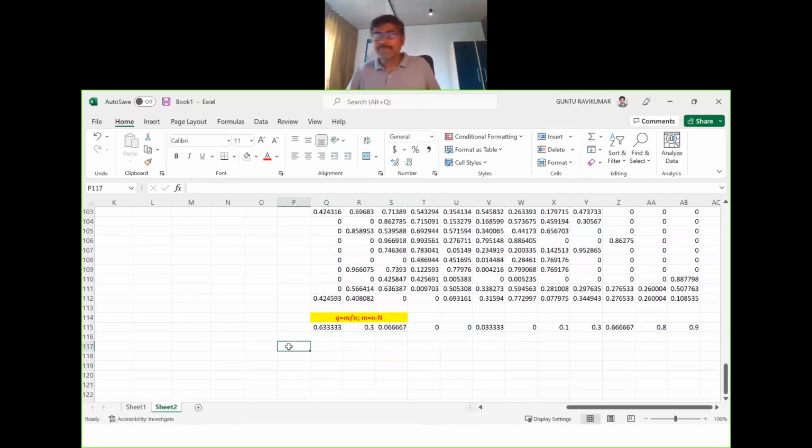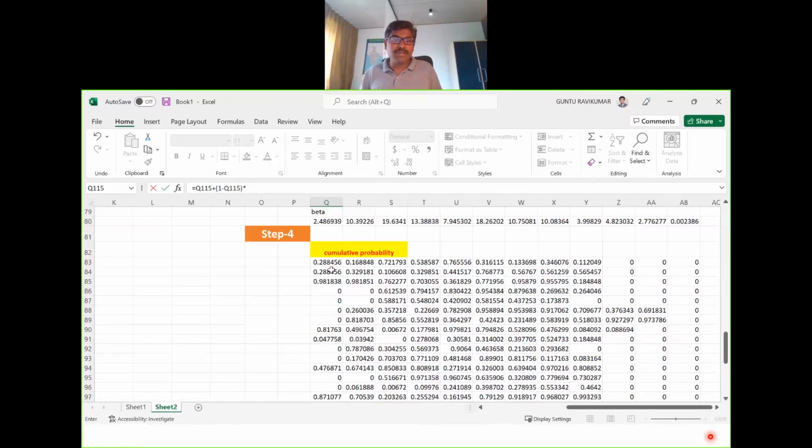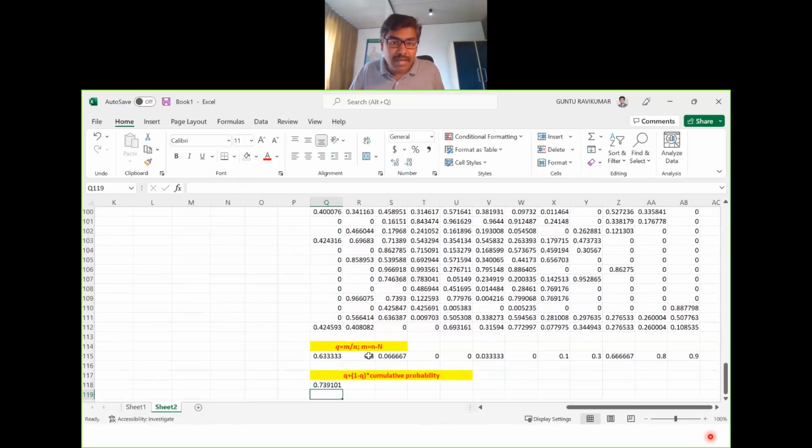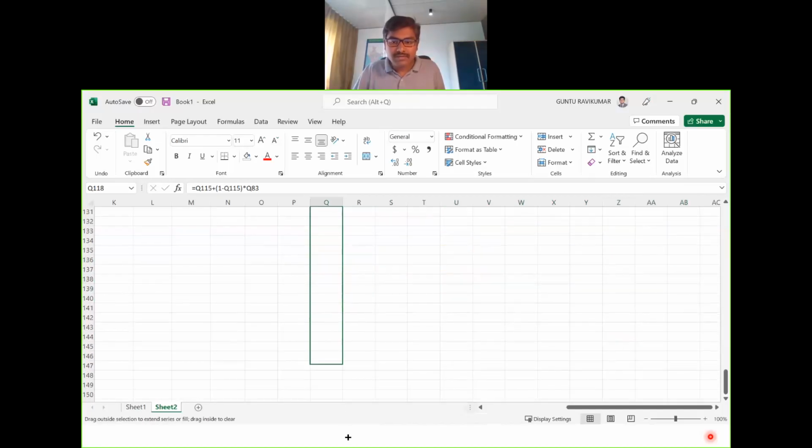Now I need to calculate my final equation. So this is my final equation, which is equal to Q plus open bracket 1 minus Q multiplied by cumulative probability. So this is the cumulative probability. And then simply double click on it. So you can extend for all the months and then drag it for 30 days.